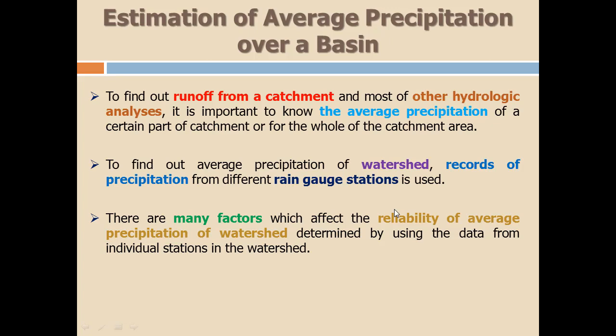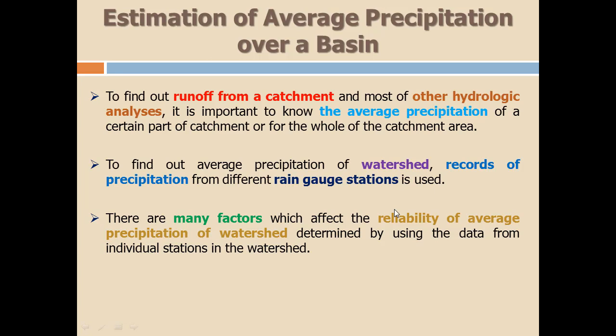But for most of our hydrological analysis, we need an average value of precipitation. So therefore, we will convert the different precipitation values to a uniform, to an average, to a mean value.